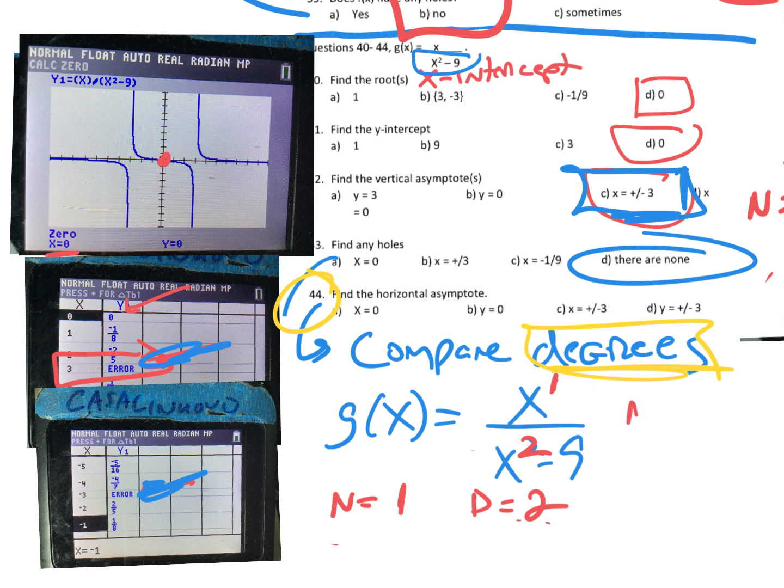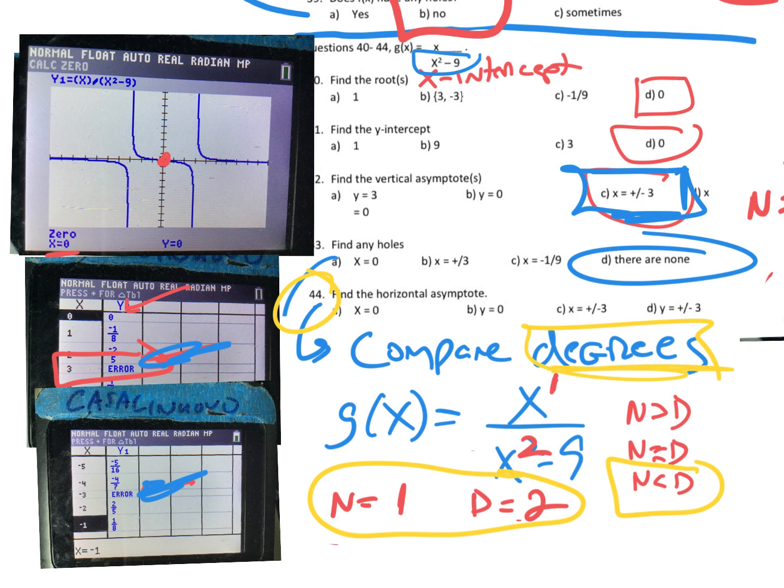And recall the three scenarios: n is bigger than d, n is equal to d, n is less than d. Well, since our n is 1 and d is 2, n is less than d, so when that occurs, the x-axis, or the line y equals 0, is our horizontal asymptote.